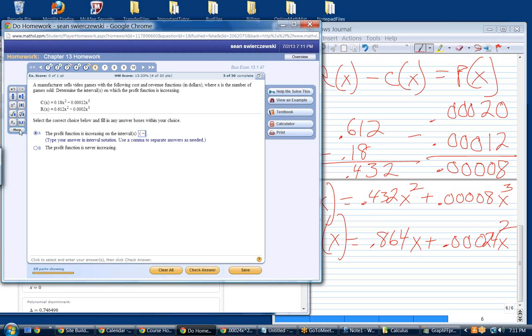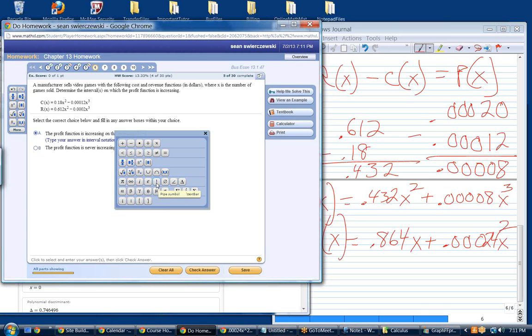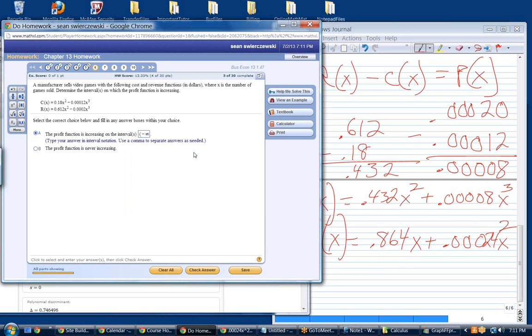They take away the infinity if you don't use it. To minus 3,600, comma, 0, comma, positive infinity.